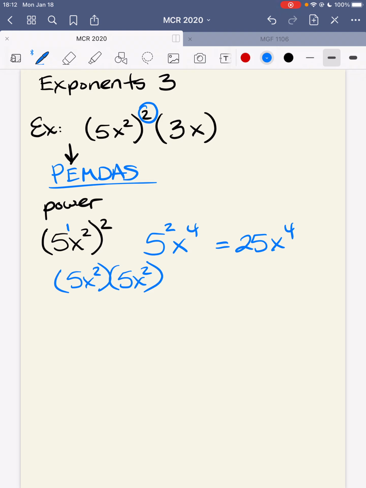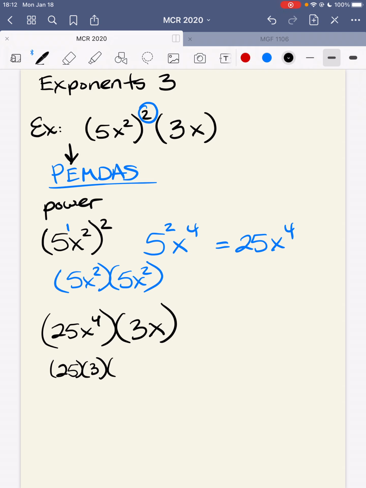Now that I have my 25x to the 4th, I'm going to put the 3x with it. So now we have 25 times 3 times x to the 4th times x, or x to the 1st. 25 times 3, you don't have to do a lot of math for it.